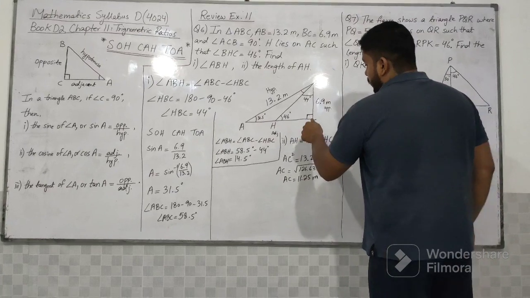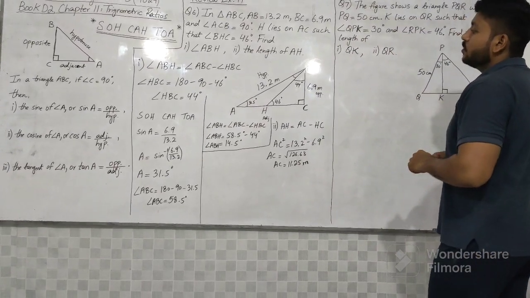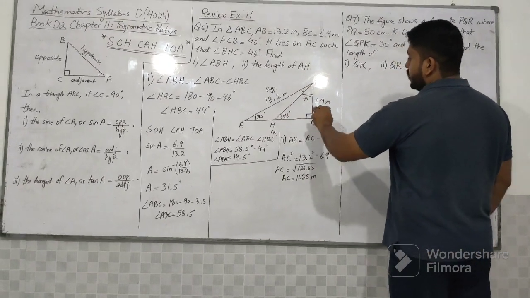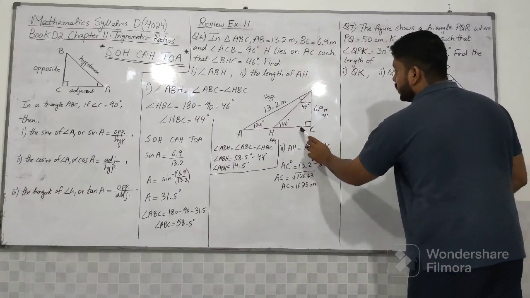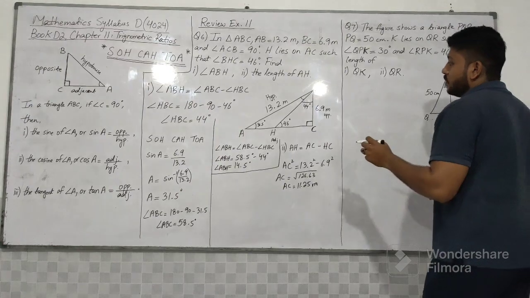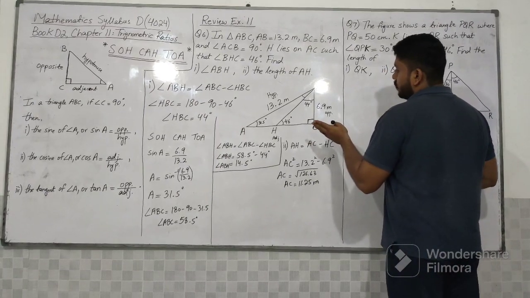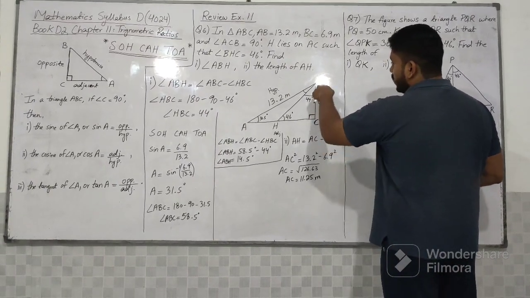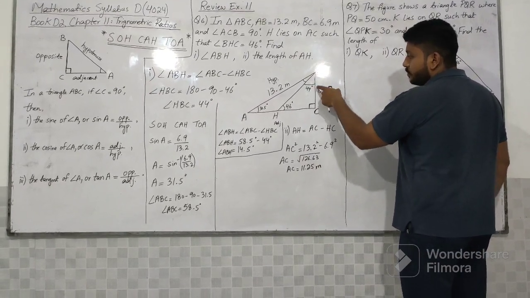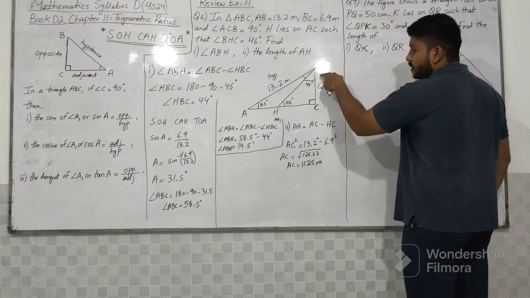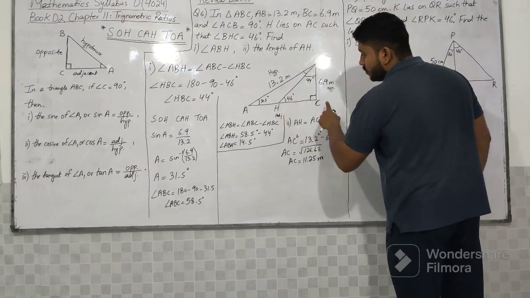Now we'll find the length of HC. So we have to consider this smaller triangle. We are finding HC now. So we have many ways to find this. Either we can take this side as adjacent, because we have two angles on this side as well and two angles on this side as well.